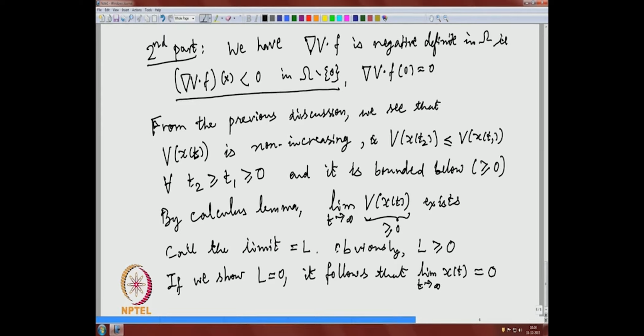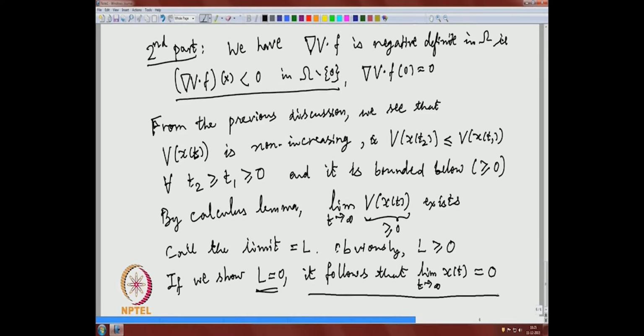Otherwise, if this limit is different from 0, then you go back here. The limit as t tends to infinity of v of x(t) will be v of this limit, whatever that limit is, and if we show that it is going to be 0, then we get a contradiction. Okay. So, this is important.